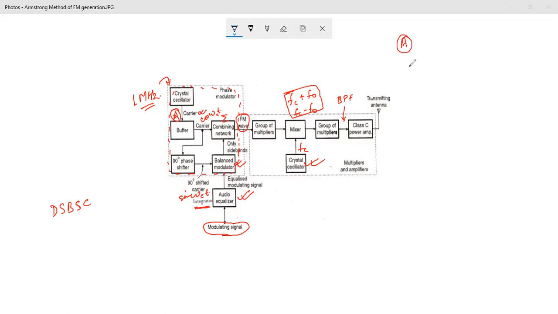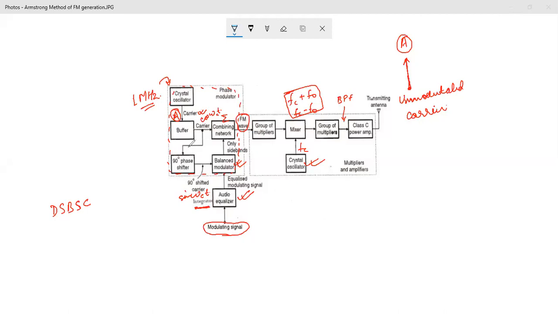If we are getting an unmodulated carrier like this, I am drawing a simple, arbitrary phasor diagram. So this is the unmodulated carrier.